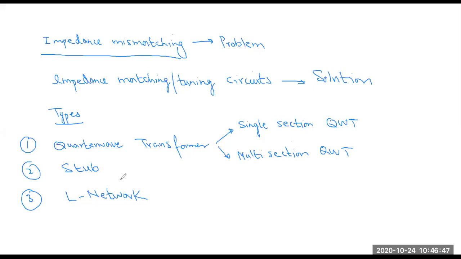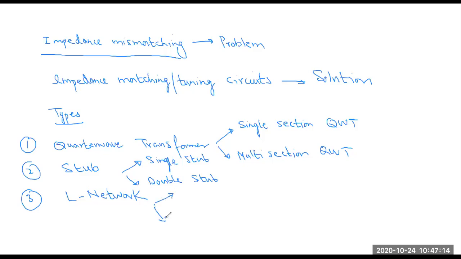Similarly, the stub can also be divided into two types. One is known as single stub, and the other one is known as double stub matching circuit. The L network also has two types.